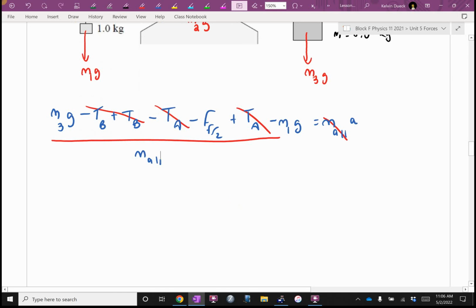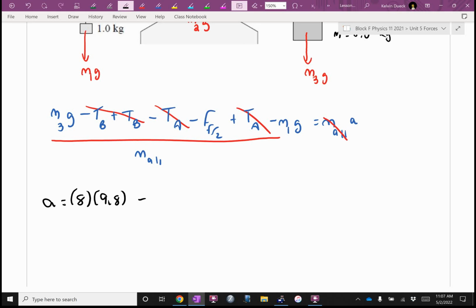Alrighty. A equals M3, 8? Was it 8? Yep. G, 9.8, minus, what am I going to write for friction? Well, first my brain would say friction is what times what? What's mu? I don't know. I've scrolled down.